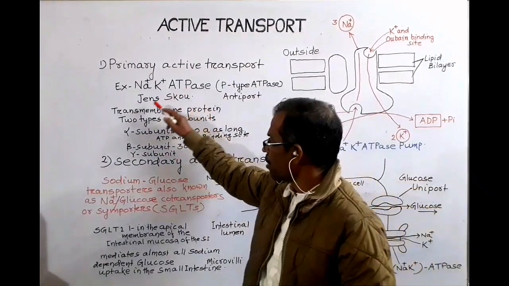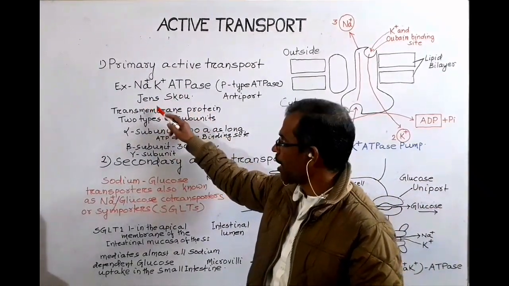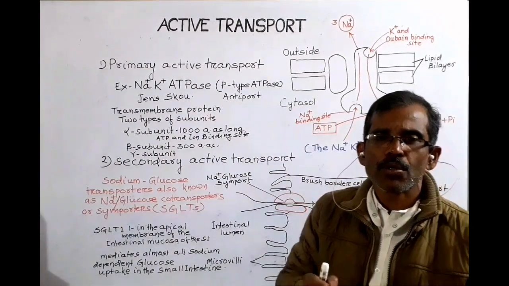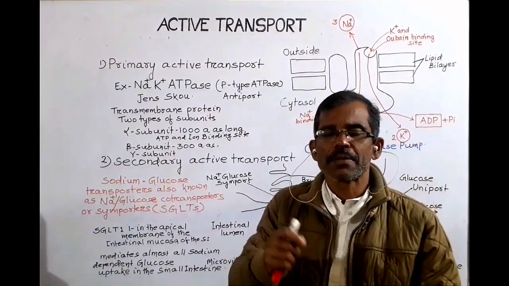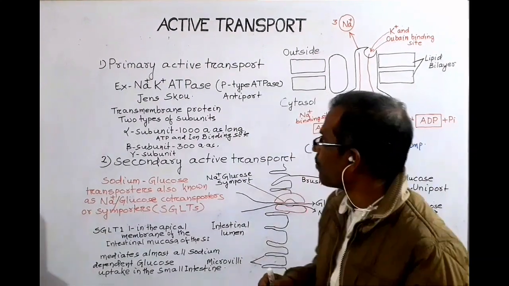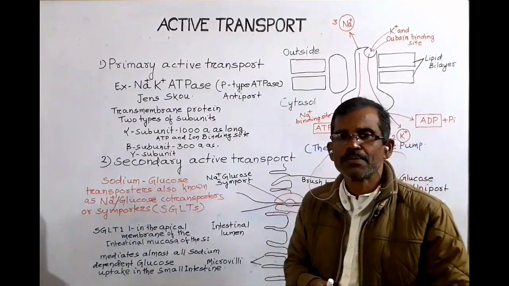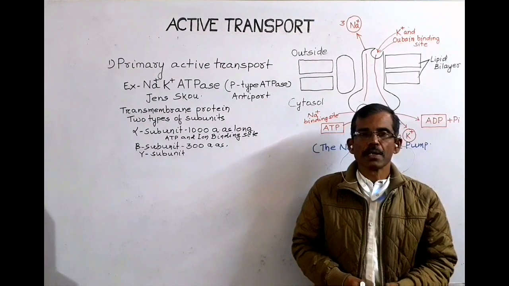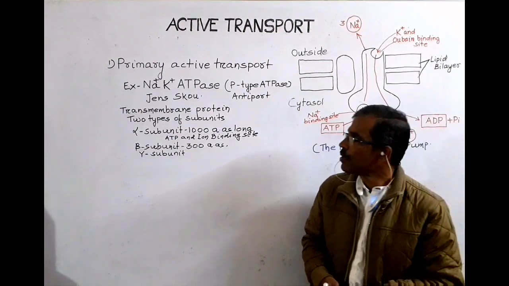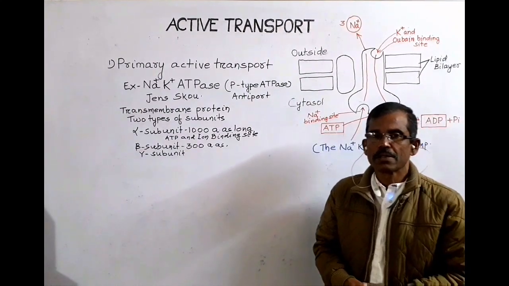This transport system was first characterized by Jens Skou. It is one of the most thoroughly studied active transport systems present in the plasma membrane of higher eukaryotes. Na+ K+ ATPase is a transmembrane protein composed of two types of subunits.